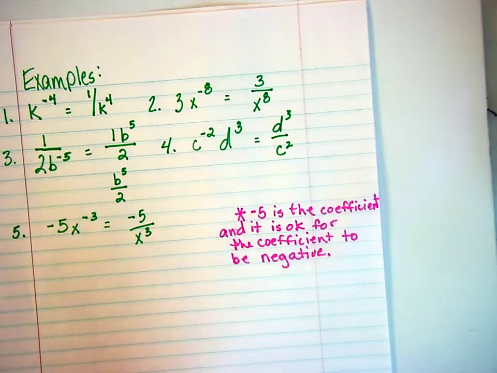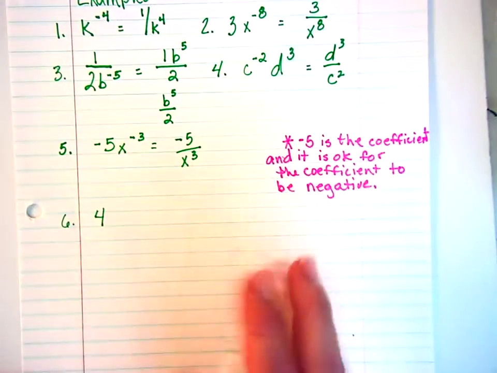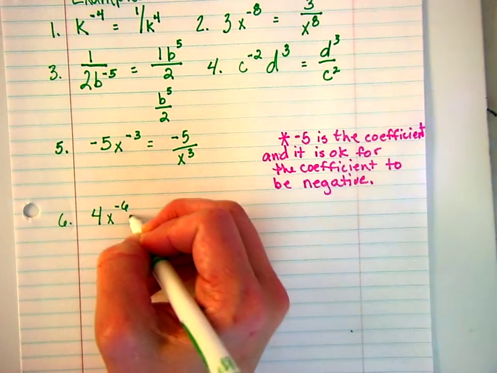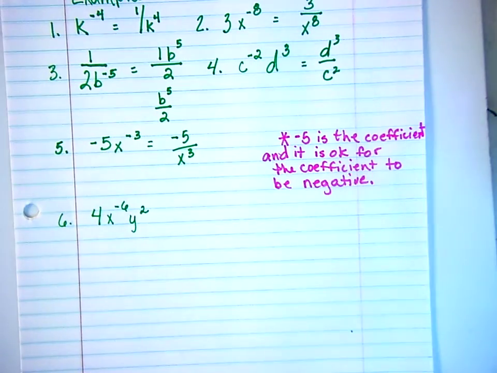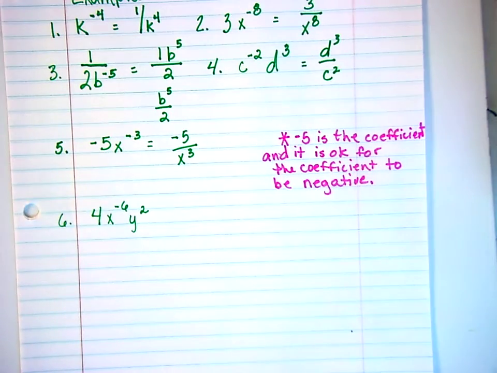Number 6. 4 is the coefficient. x to the power of negative 6, y to the power of 2. What is being affected? X. Okay, so right now it's up top.